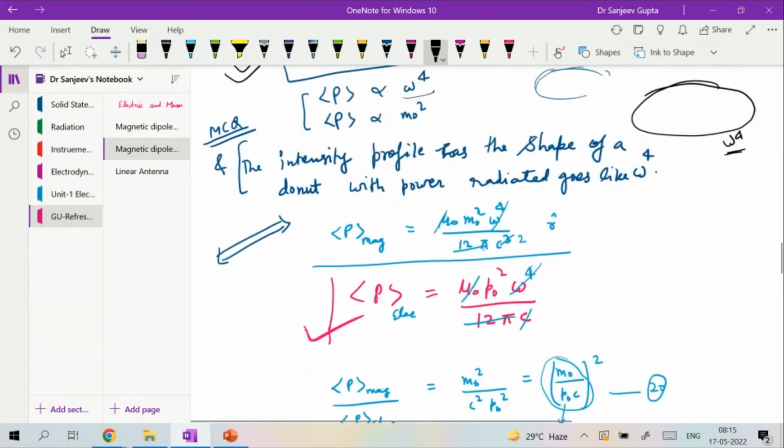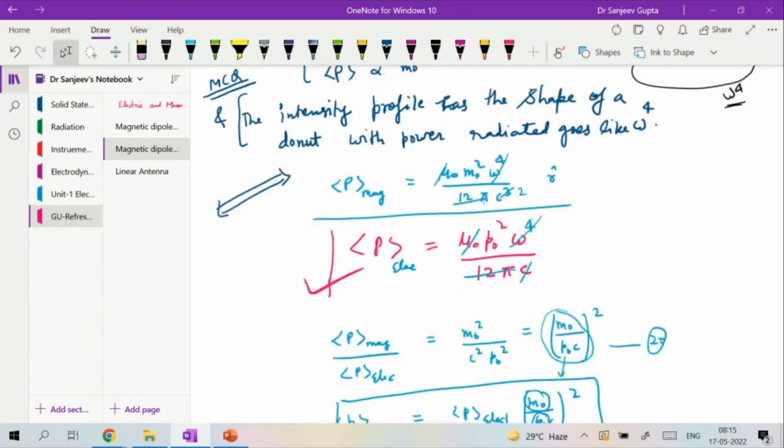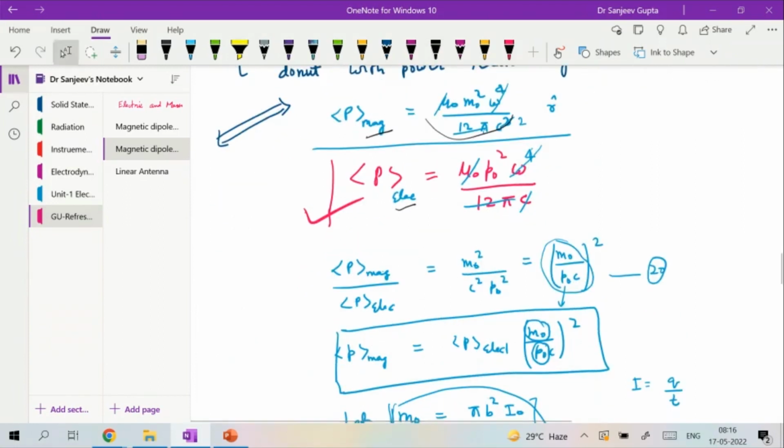The important thing is that I'm just comparing both total power radiations, how the expression is valid, and what the ratio is. Here I have written the total power radiated by the magnetic dipole and the total power radiated by the electric dipole. You can see this expression and this expression, so finally you can cancel the common things.